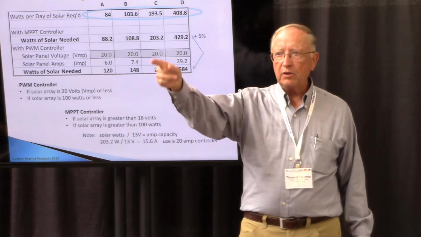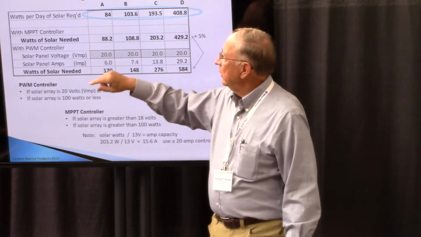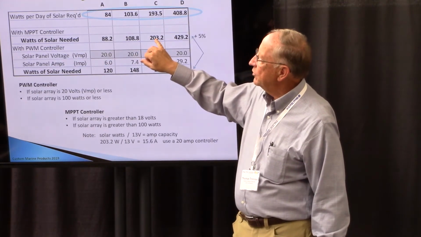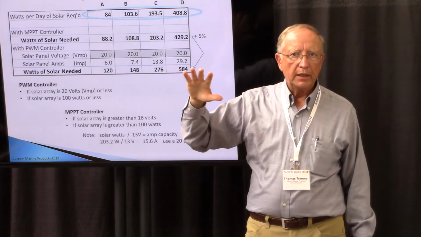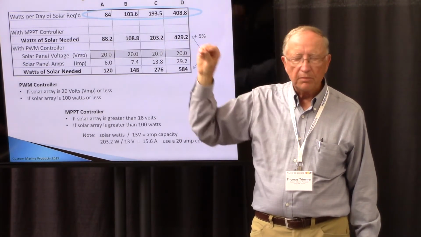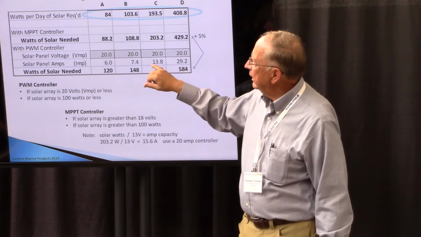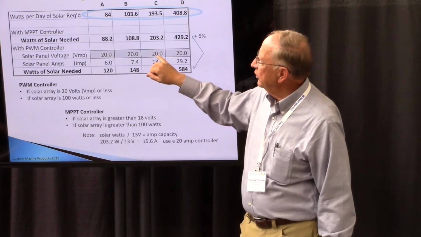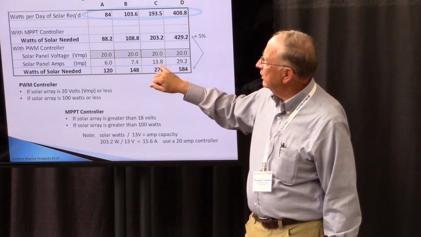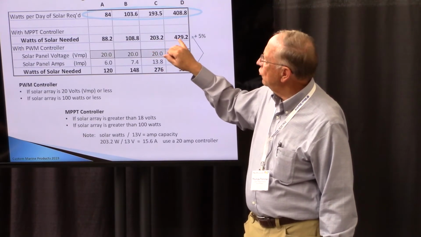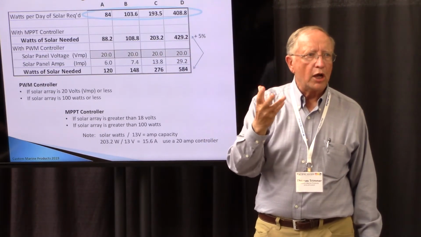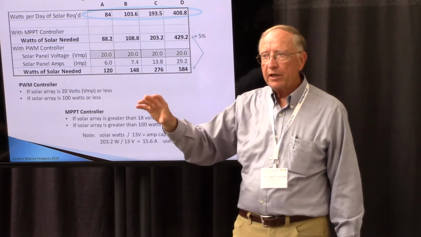I want to go back to the controller now. If we determine we need about 200 watts of solar to meet our needs, based on our consumption, and my solar panel voltage is say 20 volts, for the solar controller I figure about 5% loss between my wiring and my controller.